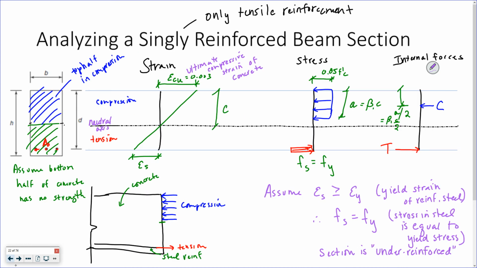If you go back and look at it, it might look prettier here: ES, ECU, C, and then this whole thing is D.